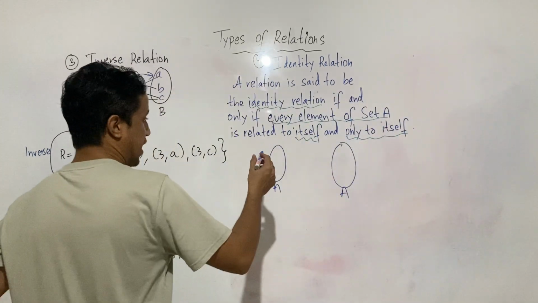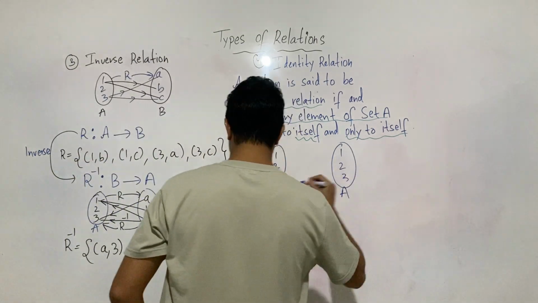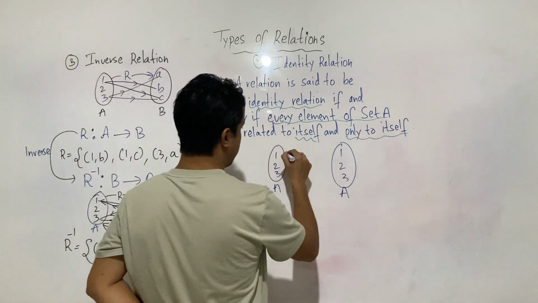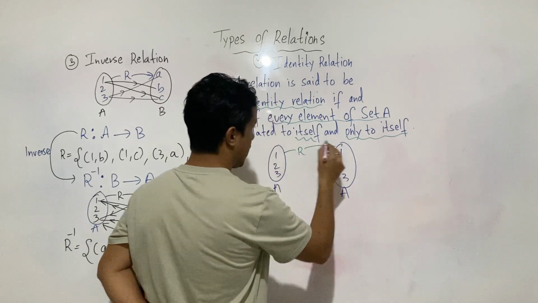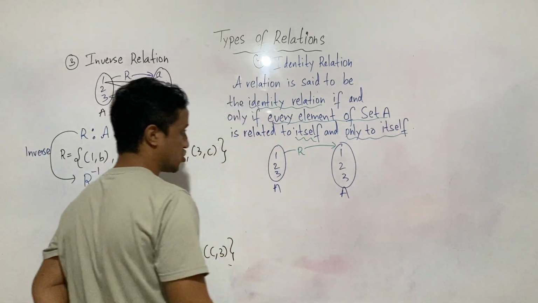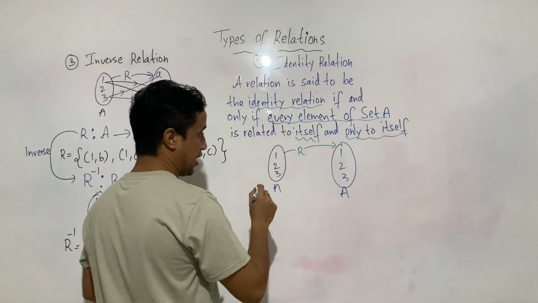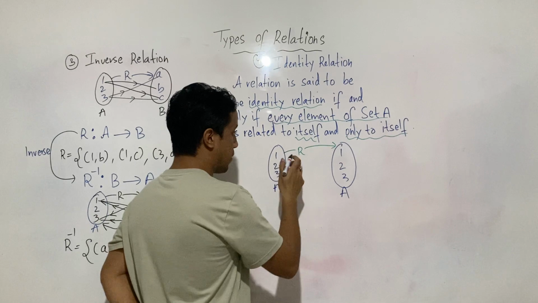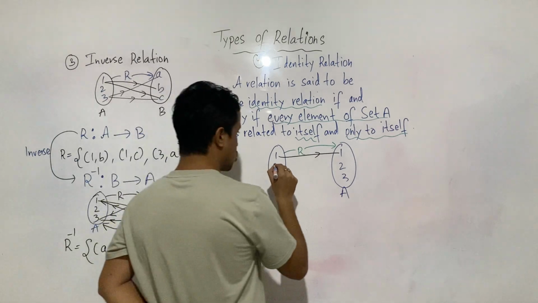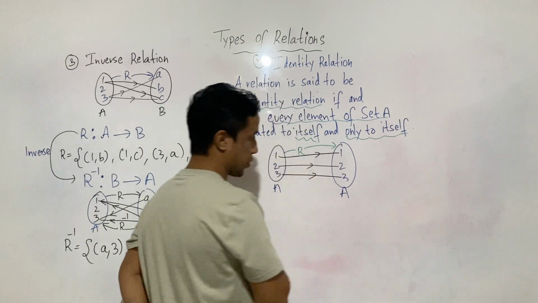So here, if I have elements 1, 2, 3, then here I have to take 1, 2, 3. And it says that this is the relation from set A to set A, or this is the relation on set A. So this is going to be identity relation if every element is related to itself. 1 is related with 1, 2 is related with 2, 3 is related with 3.